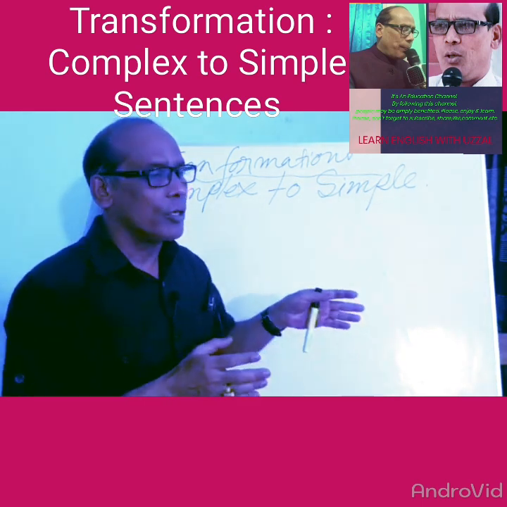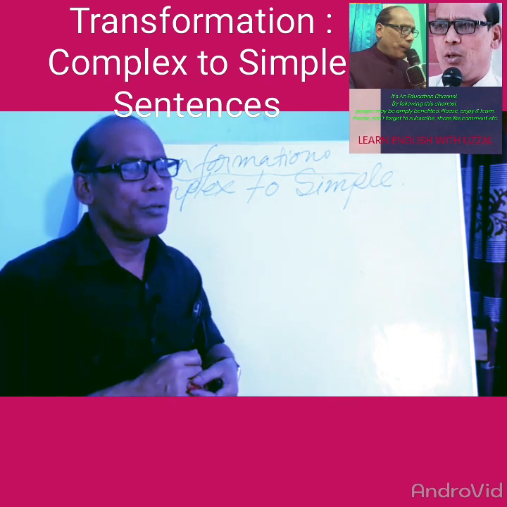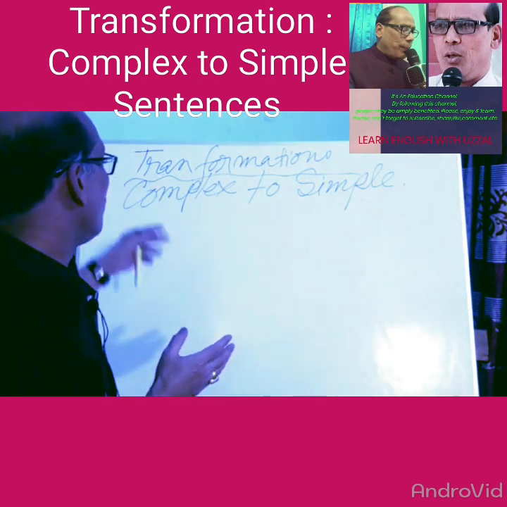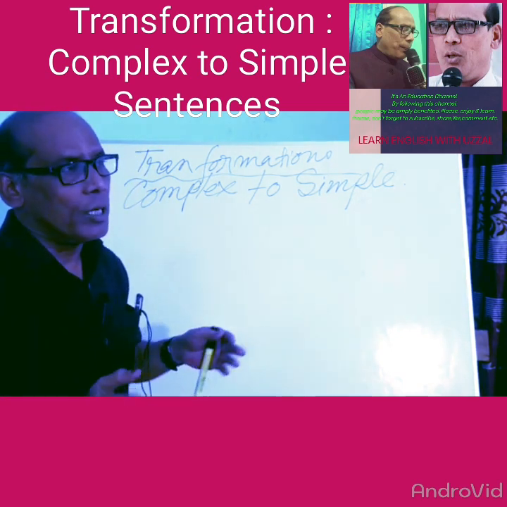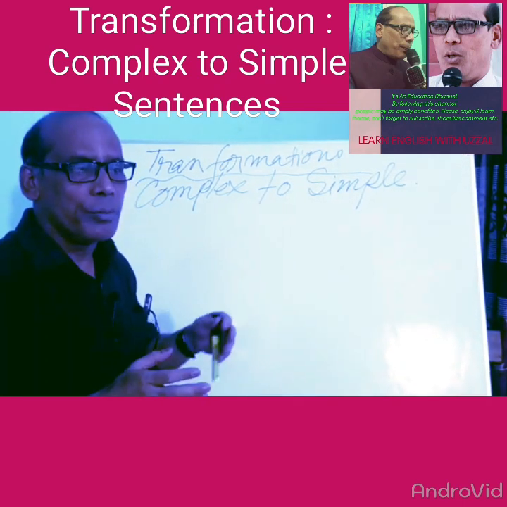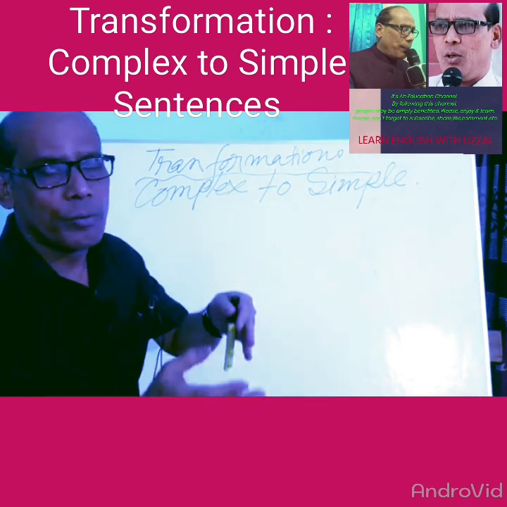The same sentence cannot be used in every composition. This is a variety of the English language. So if somebody wants to learn how to write well and speak well, he will have to know the rules of transforming sentences from one form to another.